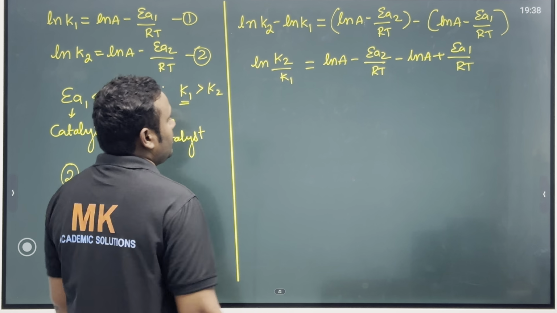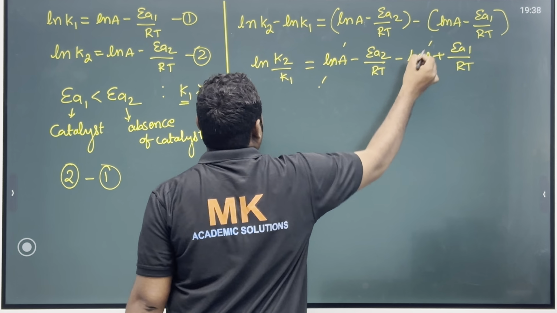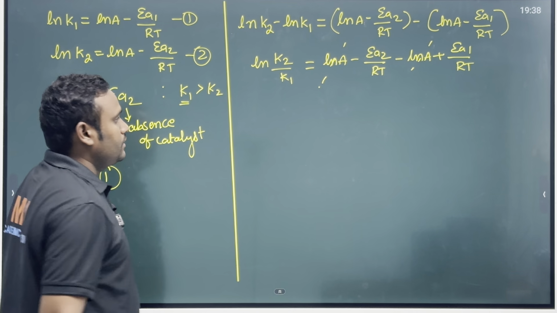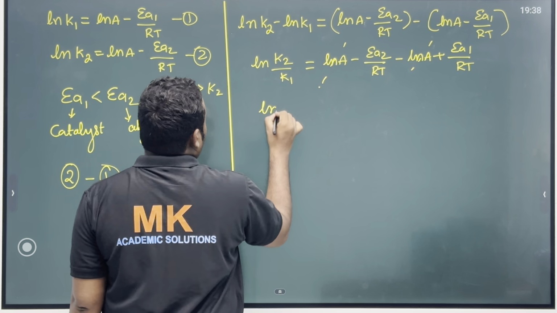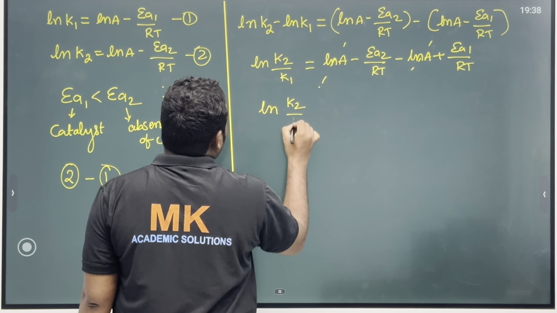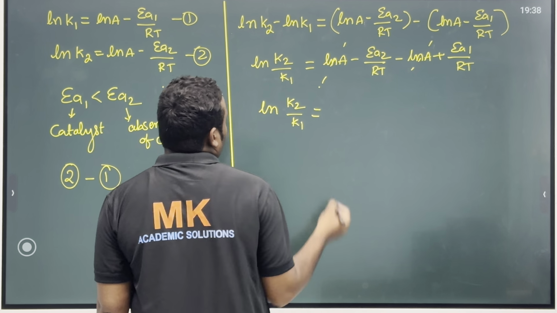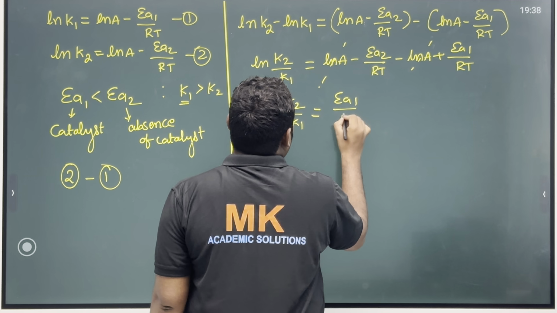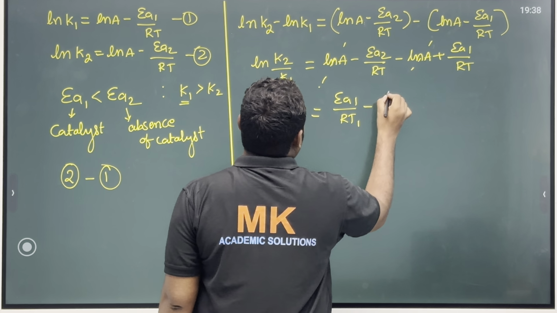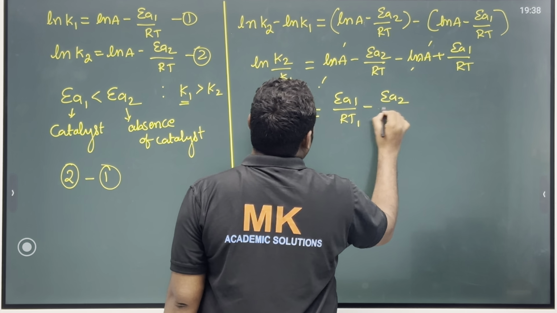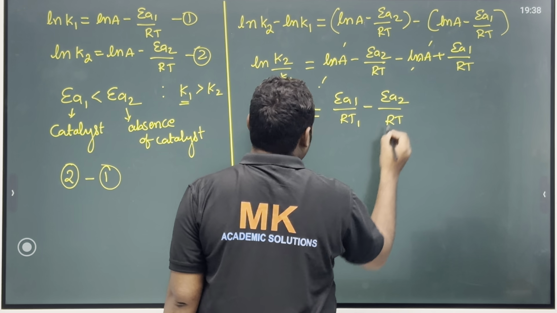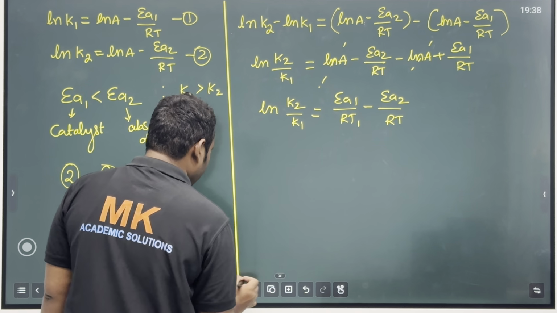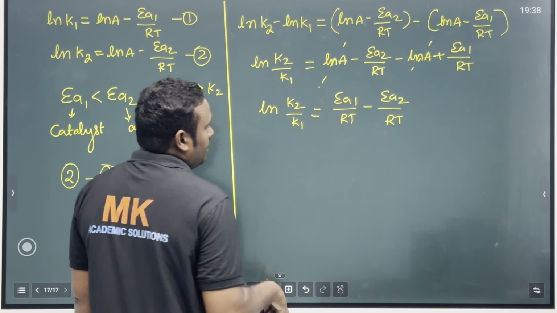Here also again ln A minus ln A will get cancelled out. Therefore ln K2 by K1 is equal to EA1 by RT minus EA2 by RT. Here T1 is not there, temperature is constant, RT.